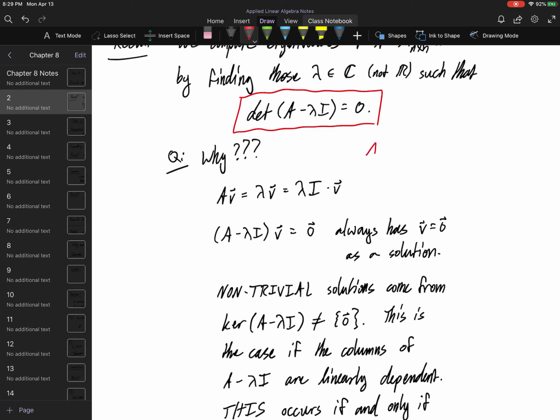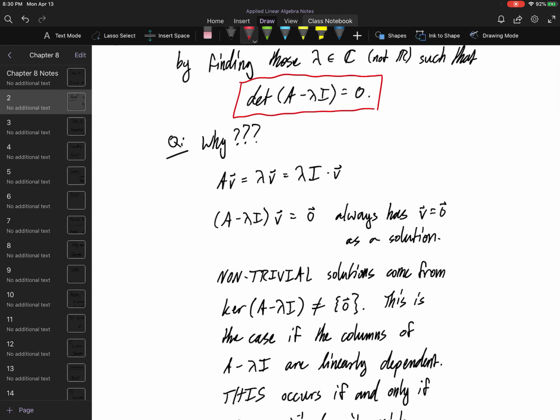Because otherwise, when I try to carry out the algebra here and say Av minus lambda v is equal to the 0 vector, I would like to be able to factor out the v from the right side, but I can't do that because A minus lambda is not a well-defined object. A is a matrix, and I'm subtracting off a scalar? No, I need to make sure that I take the difference between two matrices. And that's exactly why I have to pull out that extra factor of the identity, right? That'll get me a matrix, so this difference is well-defined.